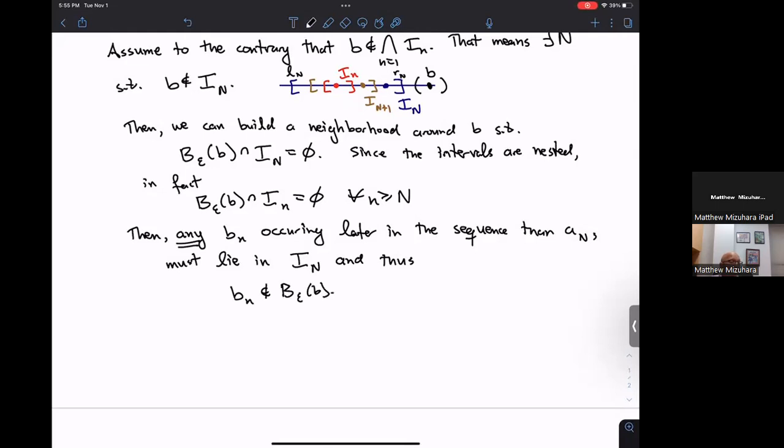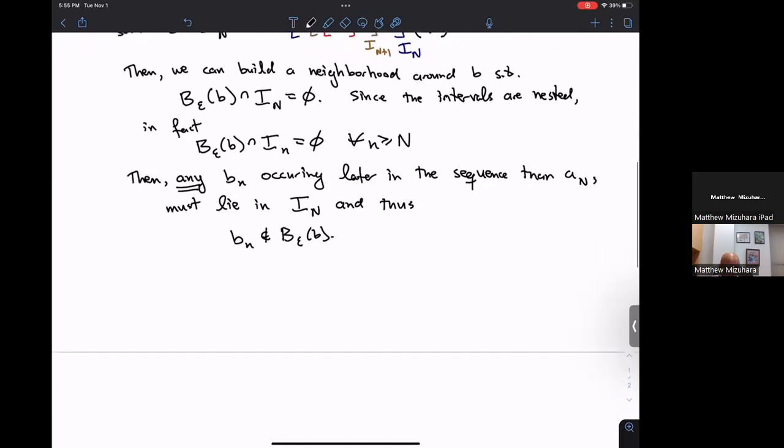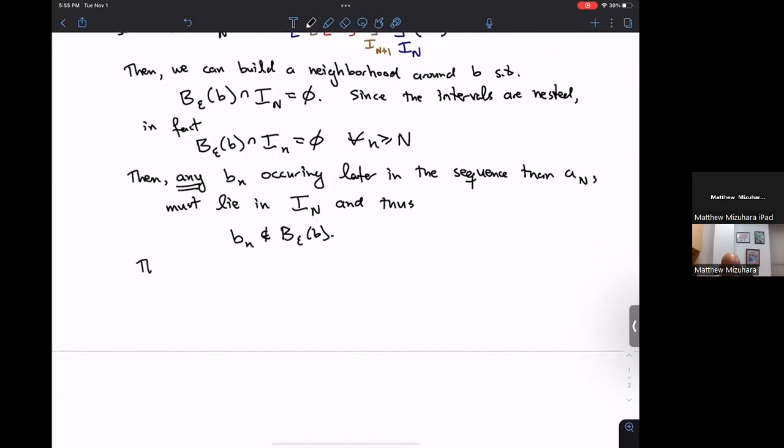But now this is extremely problematic, because I am saying there are infinitely many, because it's all the b sub n that happen after this point in the sequence. So I'm saying, thus, there are infinitely many b sub n not in the epsilon neighborhood of little b. But that means it doesn't converge. So this would mean b sub n doesn't converge to b.